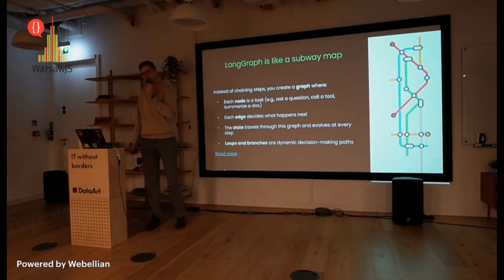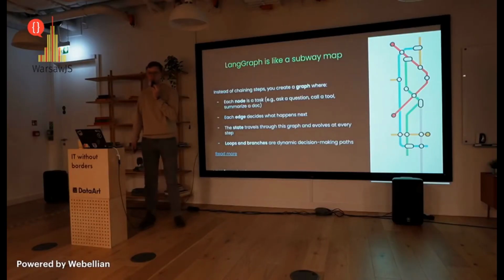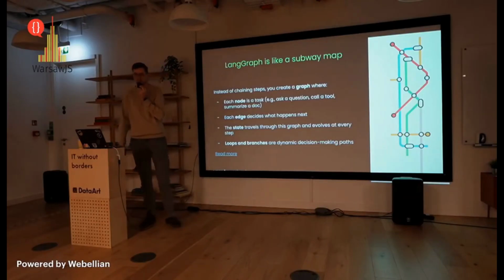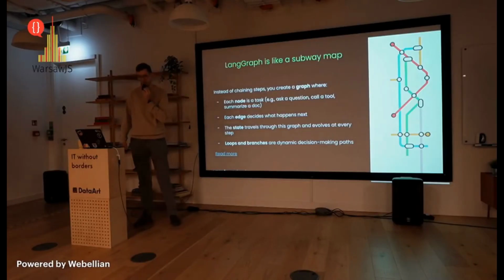We also have a state in this graph, which travels between the nodes, and you can access and modify the state. We have loops, branches, and checkpoints, so that if servers suddenly stop, you can continue generation from a checkpoint, and a lot of other interesting stuff. You can learn more in the official LangGraph documentation.